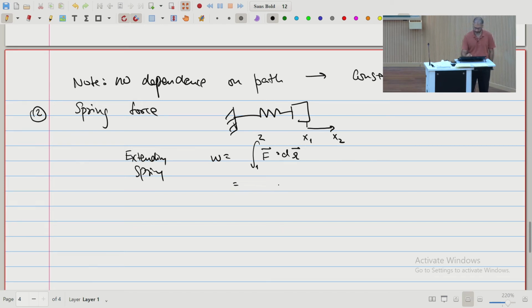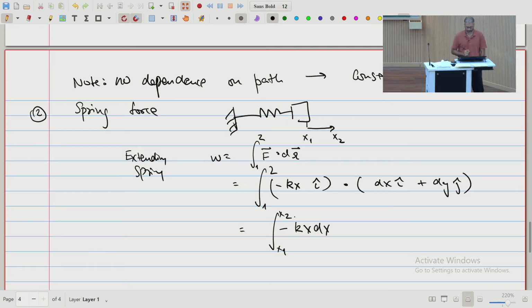F has a minus kx times i hat, that's my F, and dr of course is a general displacement. So we see that this becomes minus kx integrated from x1 to x2.